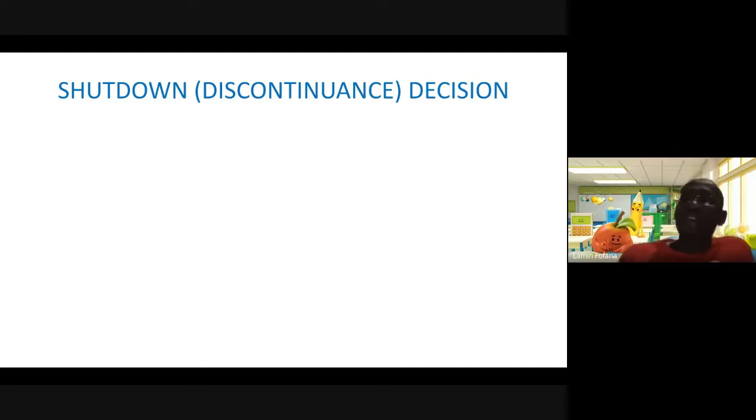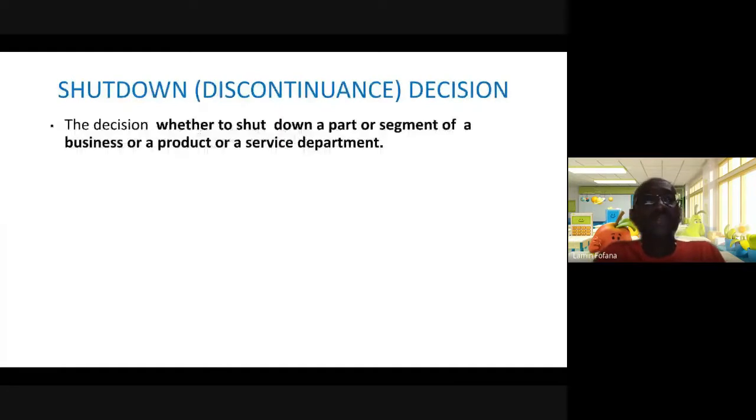If you shut down an operation, you're going to make cost savings, but naturally whatever benefits are attached to that particular operation or division, you're definitely going to lose. So this is what we look at when we are advising on short-term decisions: whether to shut down a part or a segment of a business, or a product or a service department.